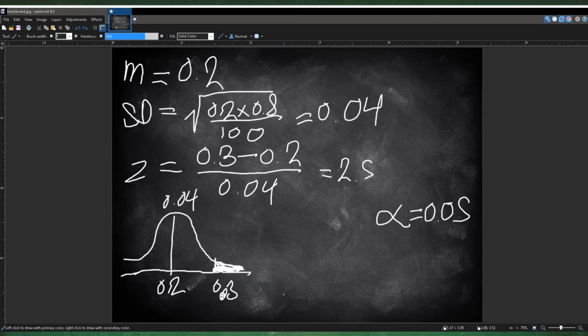So you just put a really big number, usually 9E999. Then your mean, which is 0.2, and your standard deviation, which is 0.04. And you get a p-value equal to 0.000621.